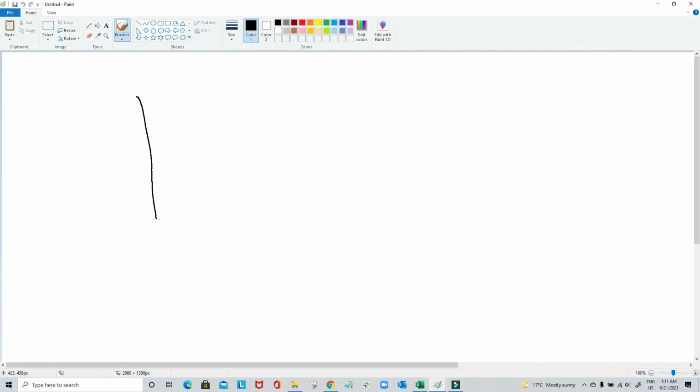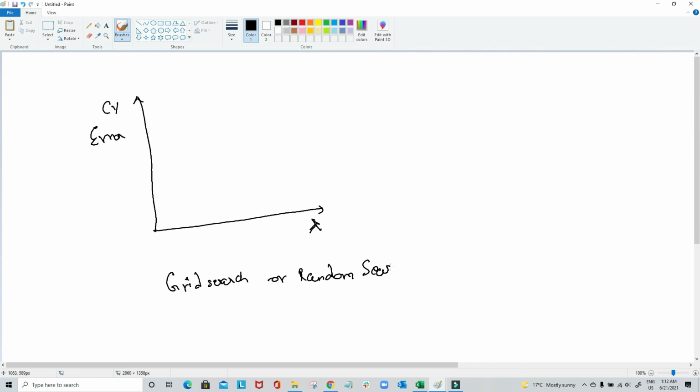We would be plotting the cross-validation error with different values of lambda, and this value can be found using two techniques, either grid search or random search of lambda.